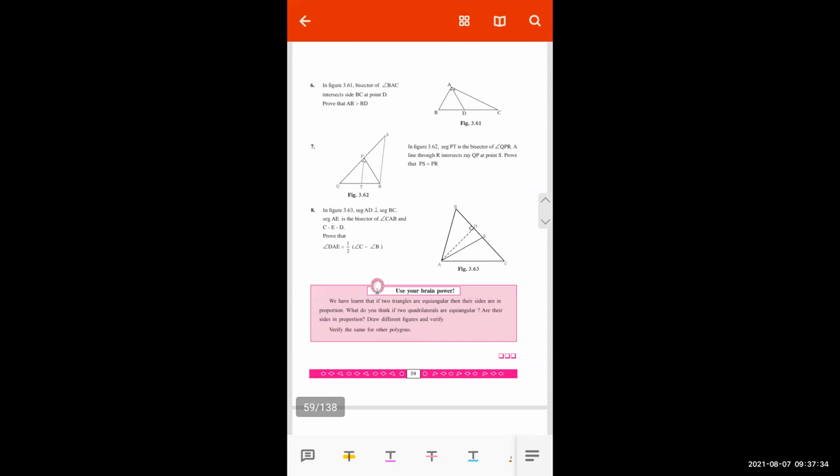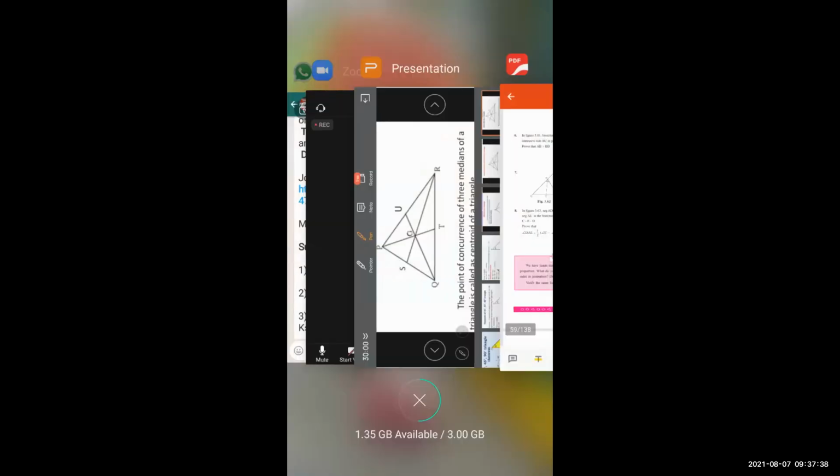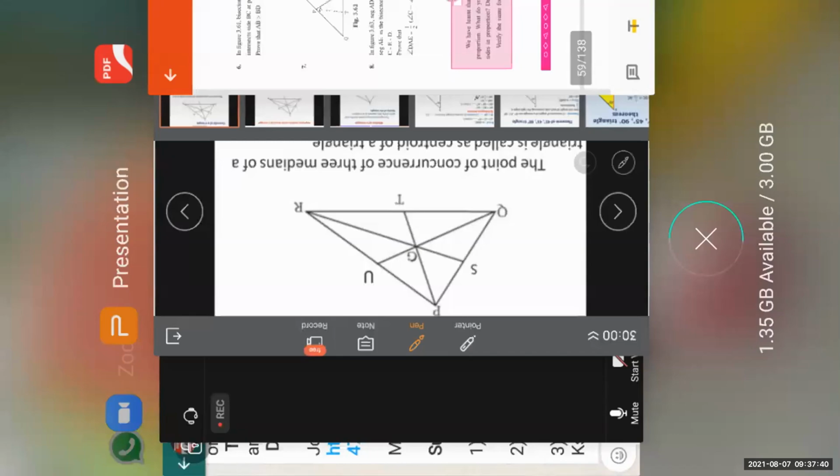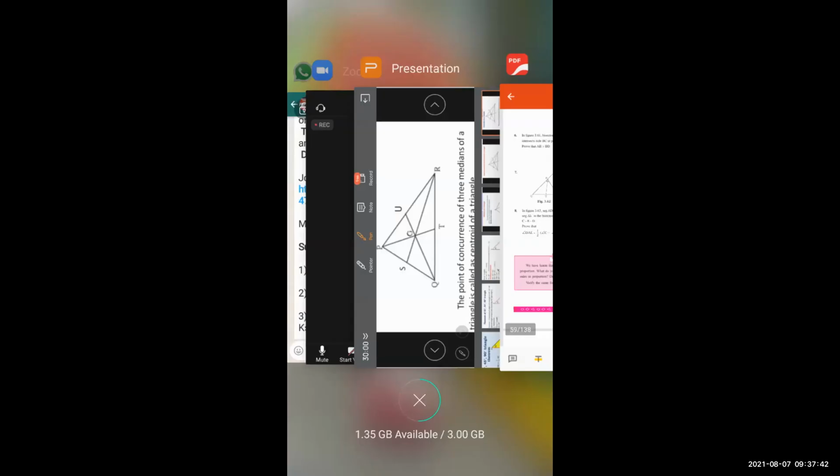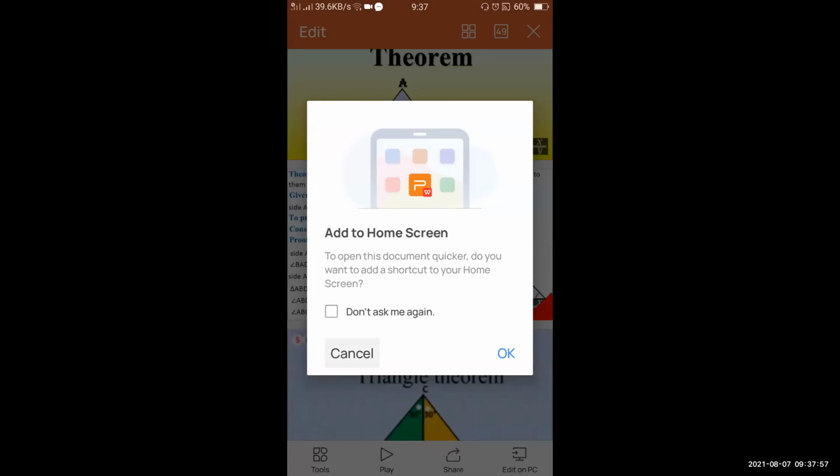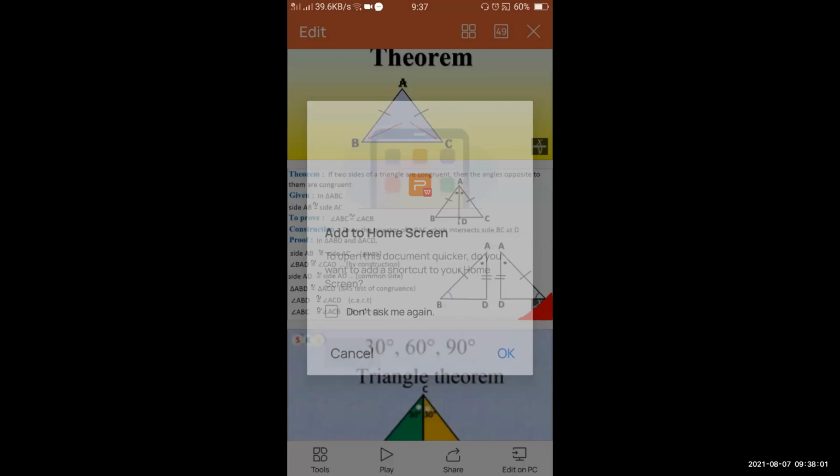So tomorrow we will continue with the next theorems. This was the topic for today. So we have completed all that.